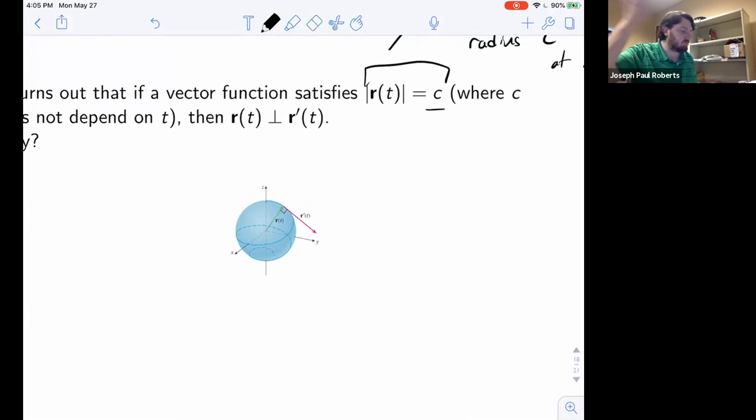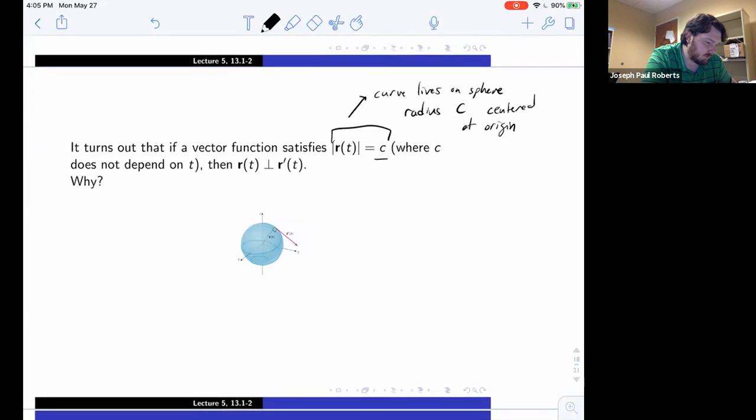If it's at the end of its rope, or if I'm swinging something around in a circle, and suddenly it snapped at the instant when it was straight up, I'd know that it would go perfectly in that direction. Or you're throwing a baseball. If you're going around like this and it breaks right here, it's going to go perpendicular like that, at this right angle. But mathematically, why is that true? That's just intuition.